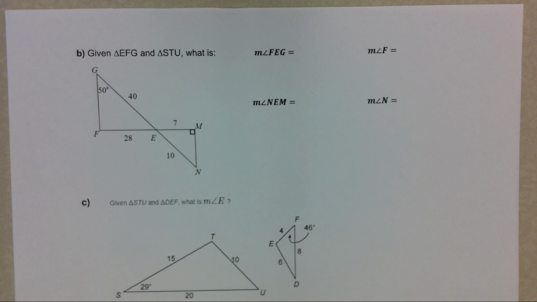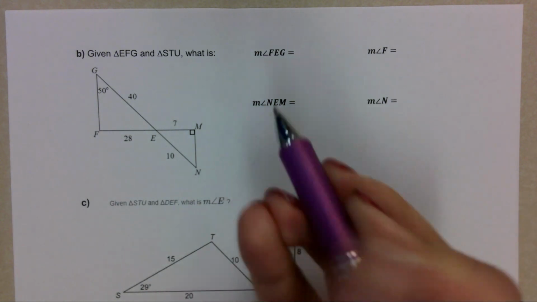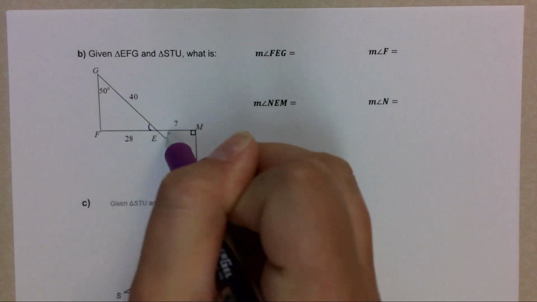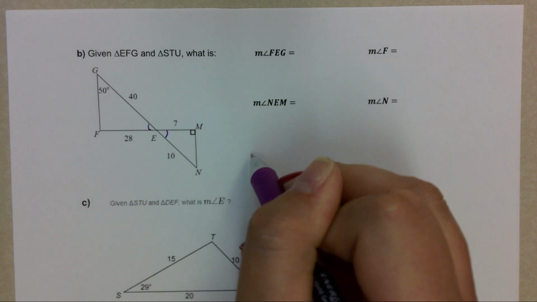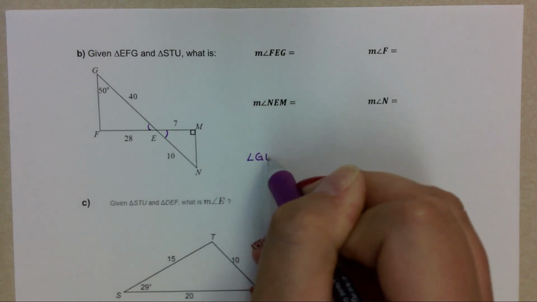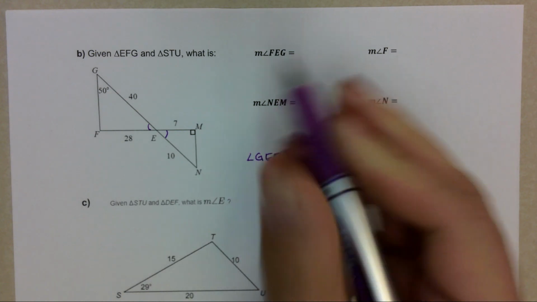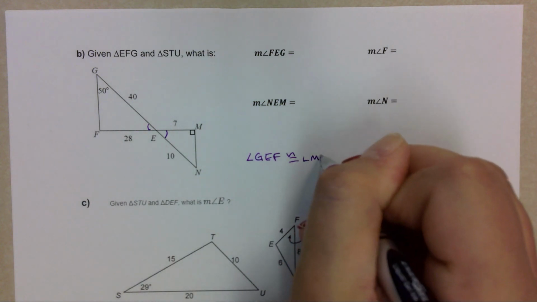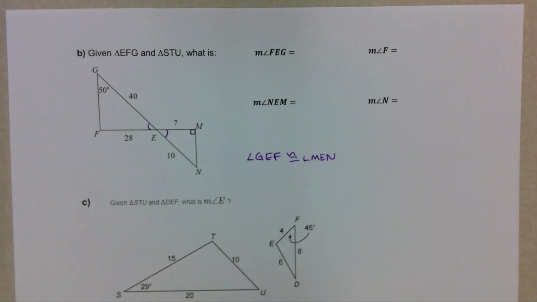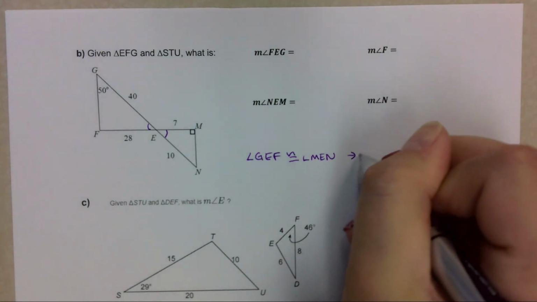So first of all, I can see that we have a pair of vertical angles. So I know that angle GEF is congruent to angle MEN, because they are vertical angles.